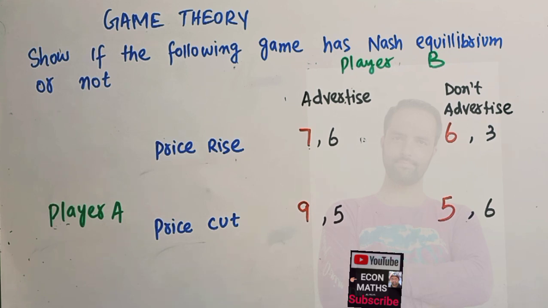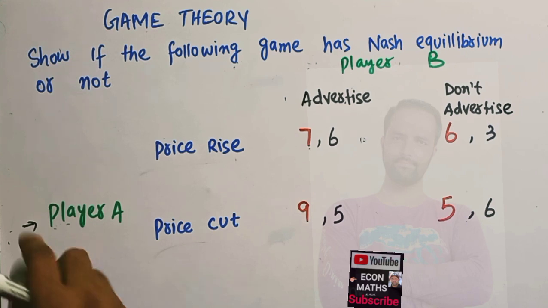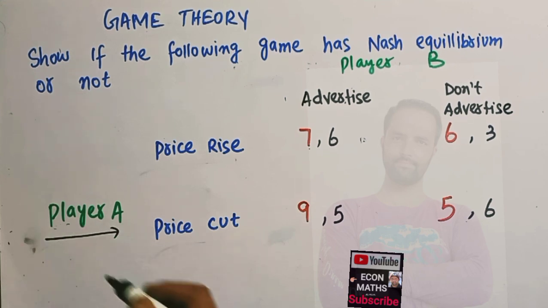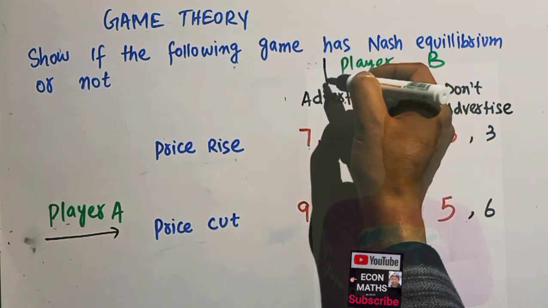So let's try to derive the Nash equilibrium here, if at all it exists. Let us see what happens. Let's take player A into consideration, and see how player A reacts if player B chooses to advertise.